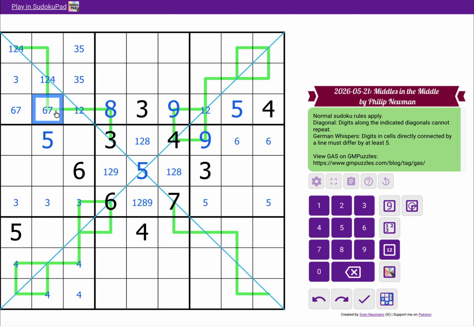So what's left now? A 1, 2, 4. A 3, 5. That's 8 and 9 that's left. This could be 8 or 9. 8 and 9 can't go here.